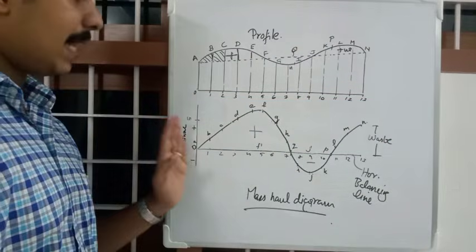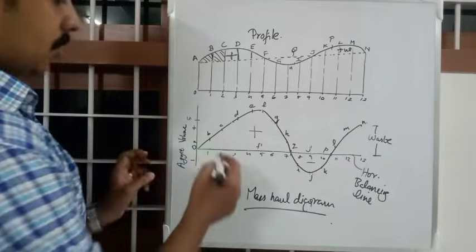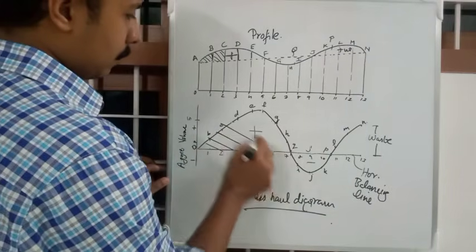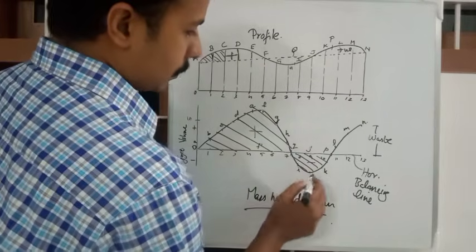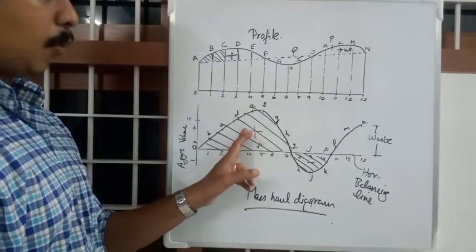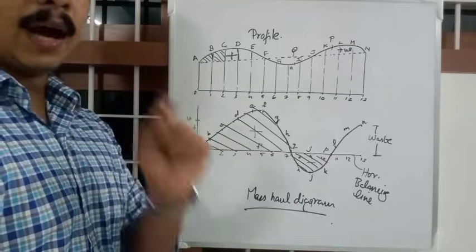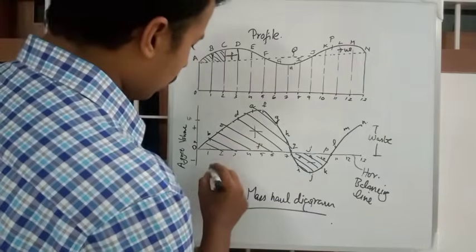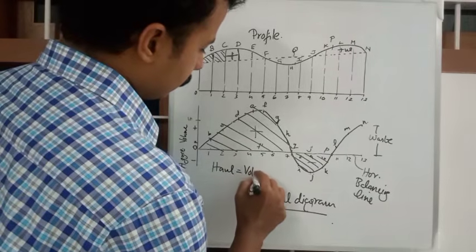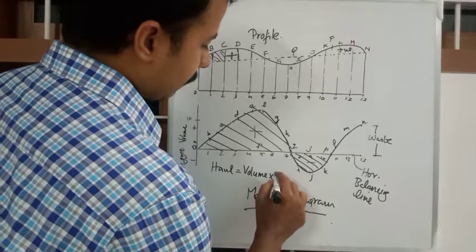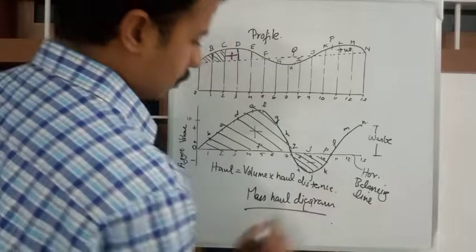Last one, the area we get from cutting the curve by the horizontal balancing line, this area and also this one, this is the positive area and negative area. This will give you the haul of the process, and haul is volume multiplied by haul distance.